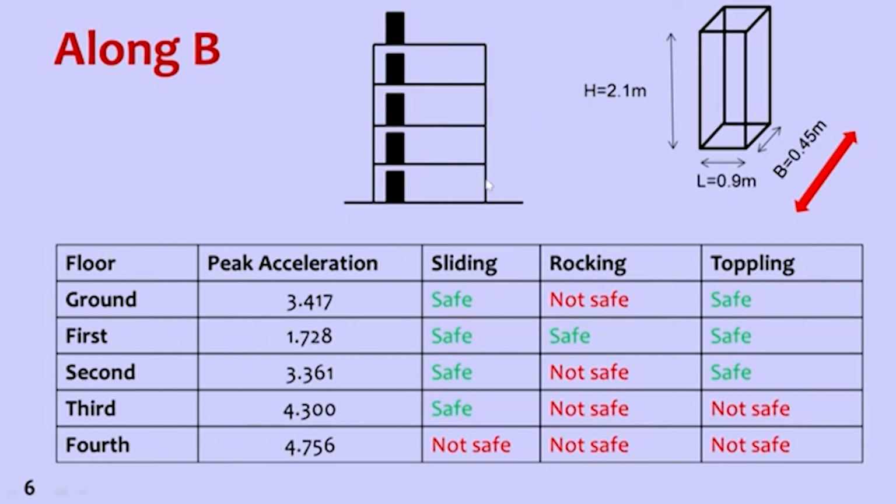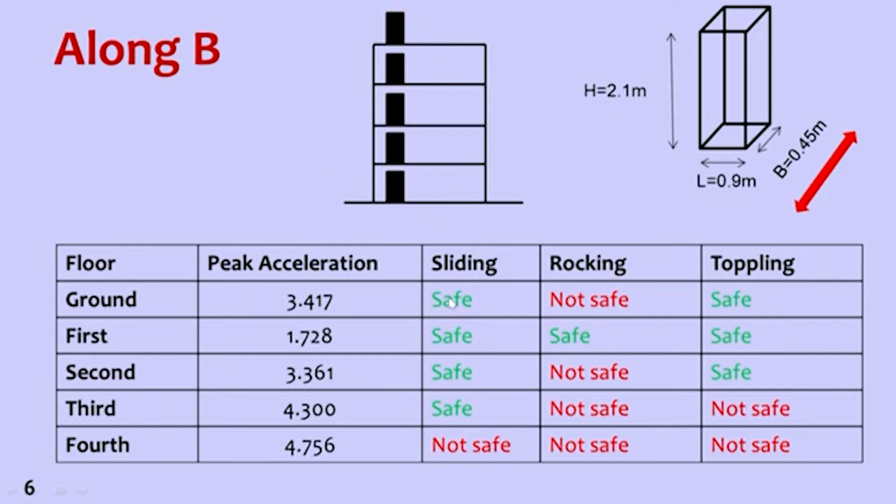At ground, the peak ground acceleration is 3.417 meters per second square. At the first floor it reduced to 1.728, at the second floor 3.361 meters per second square, the third floor 4.3 and the fourth floor 4.7.